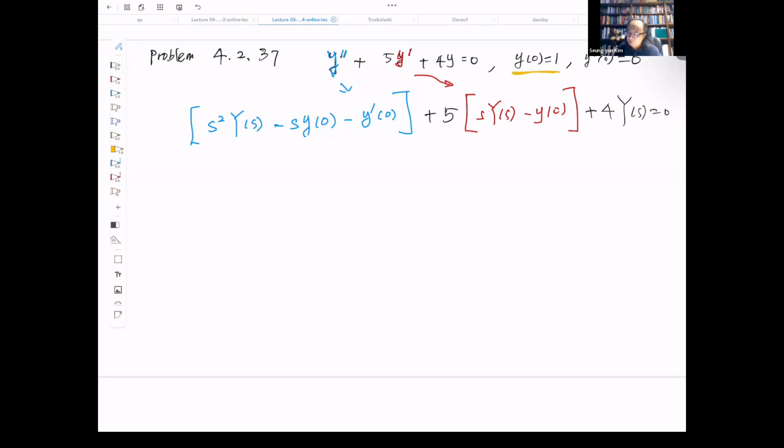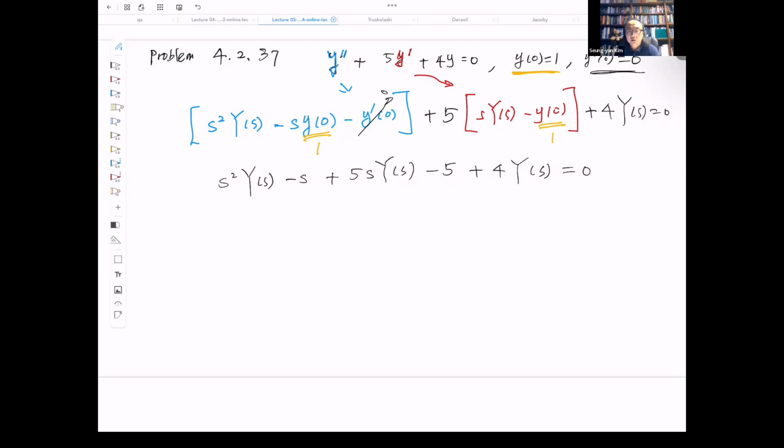Y of 0 equals 1, so this is 1. And y prime of 0 is 0. Then we have s squared Y of s minus s plus 5s Y of s, 5 times negative 1, negative 5, plus 4 Y of s equals 0.